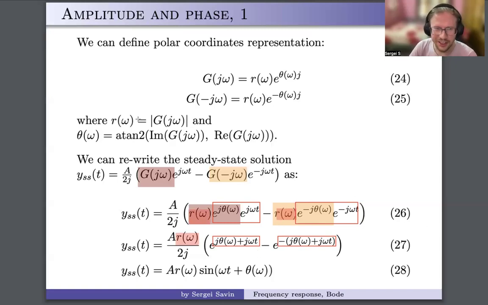And now we use the last factoid that we invoked in the slide, namely that the exponent of an imaginary one times a real number, minus the exponent of minus the imaginary one times the real number, divided by 2 imaginary ones, right, is just a sine.